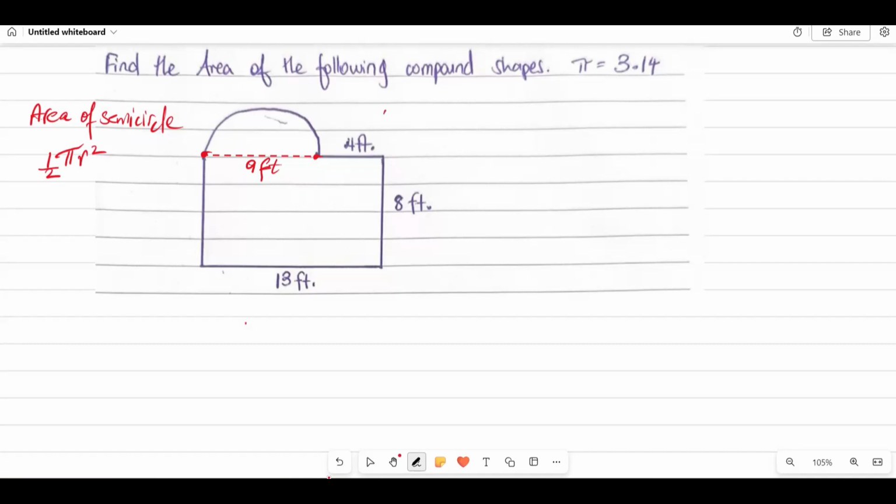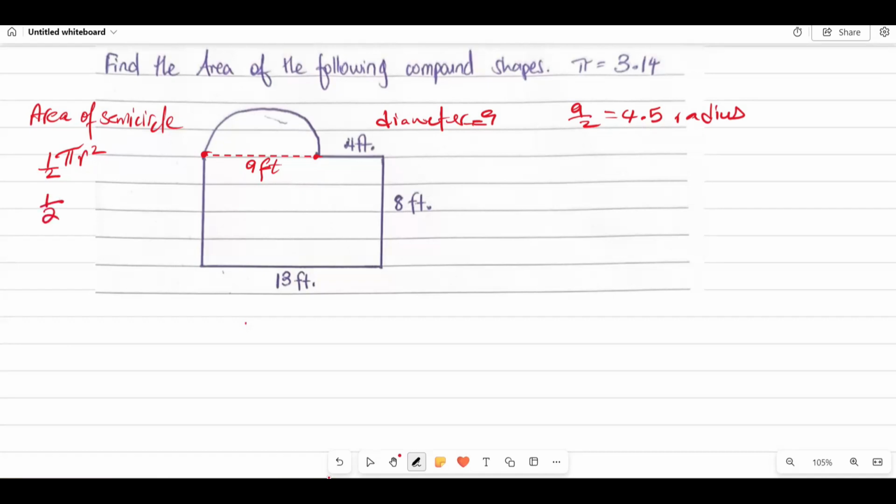We do have the diameter, which is 9. If I take that diameter and divide it by 2, 9 divided by 2 gives me 4.5. This is my radius. So the radius that we're dealing with is 4.5 feet.